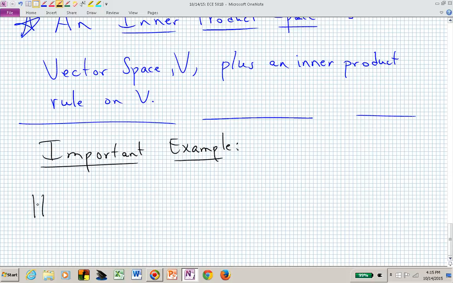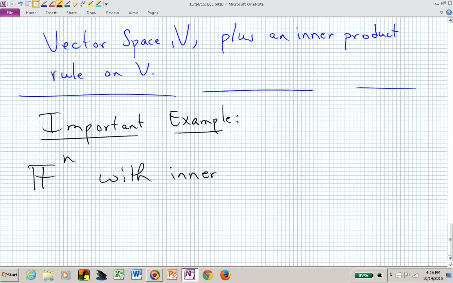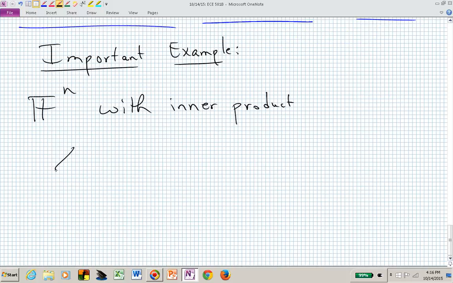Let's say that we look at F to the n, and that could be the reals or the complex numbers. Now we have an n-vector, and what's an inner product there? Now if we take these two vectors, v and w, let me explicitly identify the coordinates in those vectors.